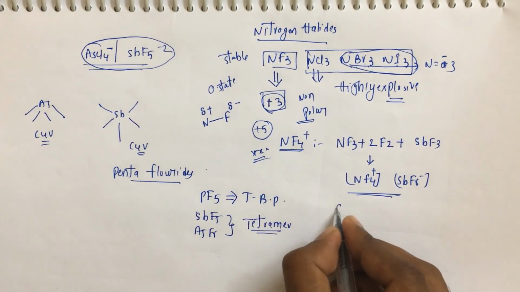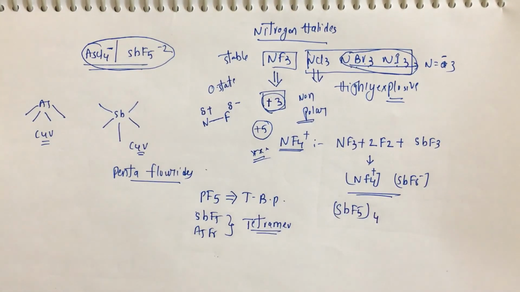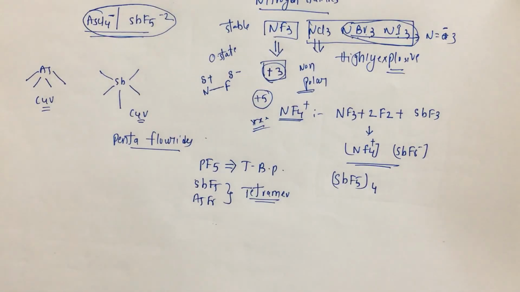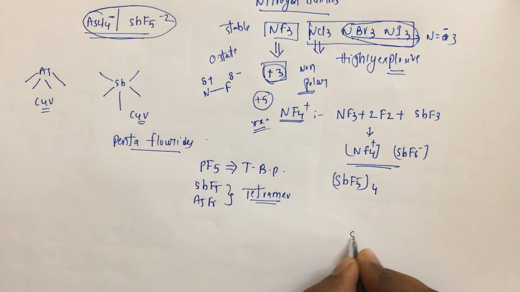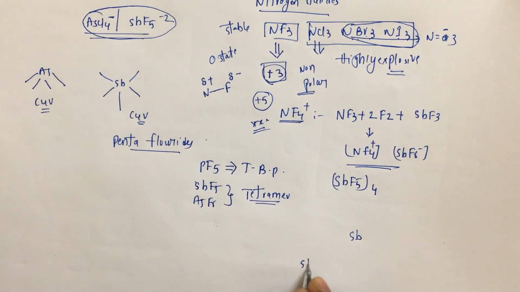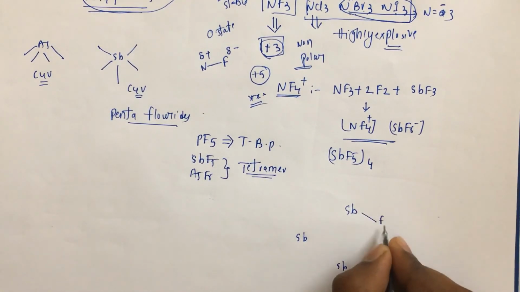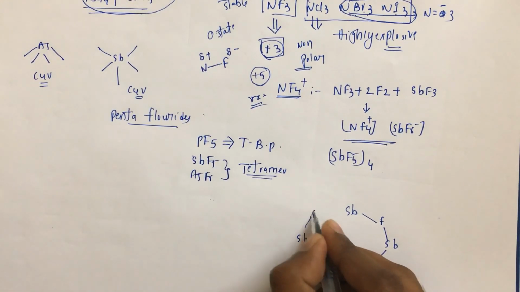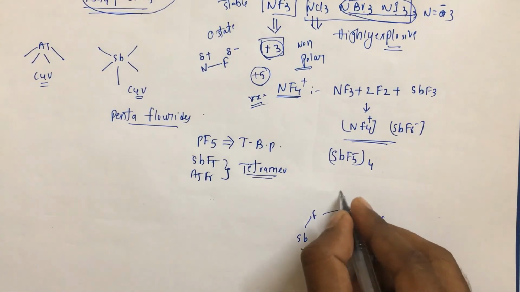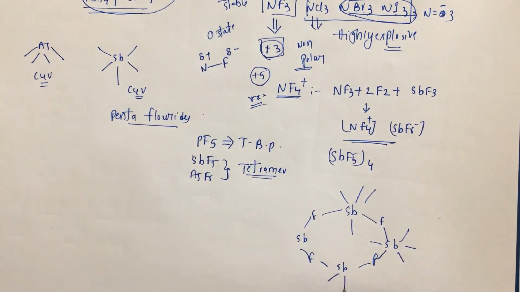Okay, and if we see the structure of SbF5 tetramer, this structure is very important, they may ask. The structure will be like this: 4 Sb atoms are there, and each Sb has bridging fluorines, and then each has 4 fluorines like this.